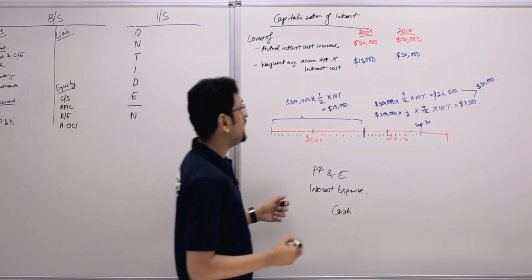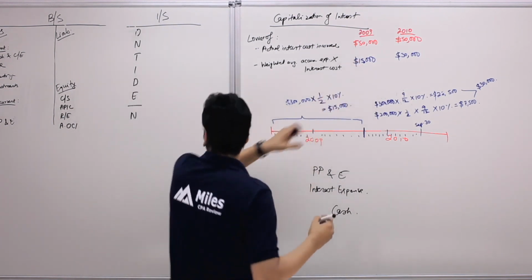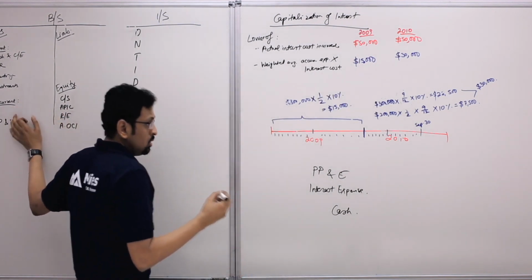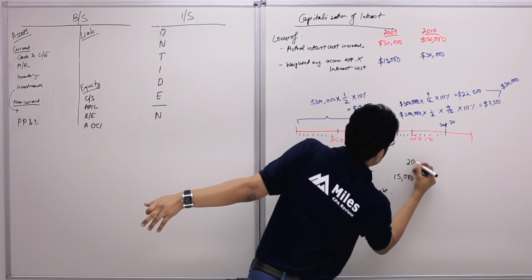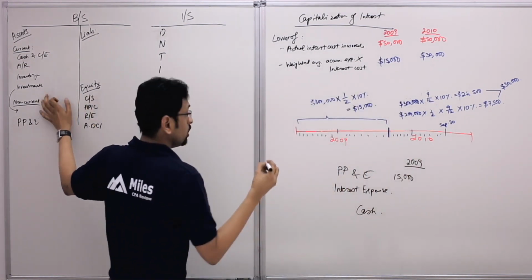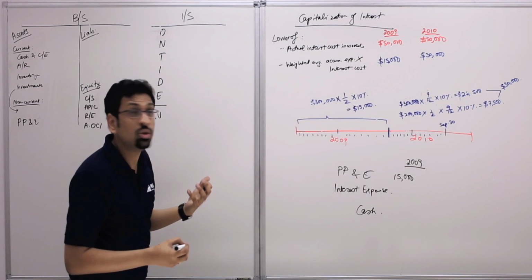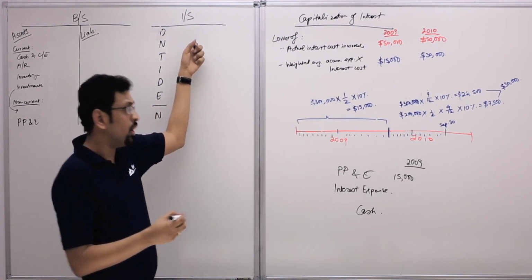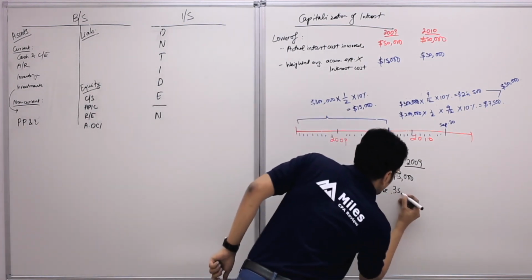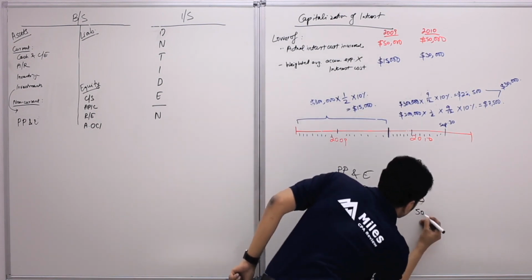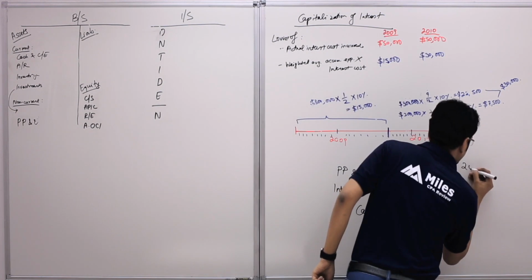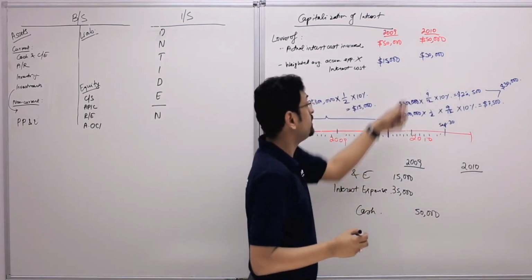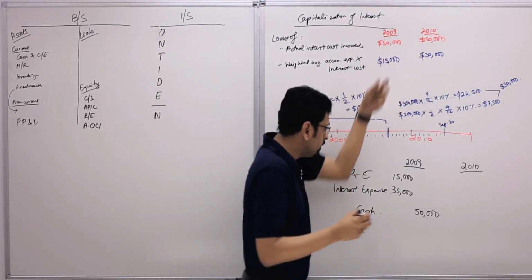So $15,000 is what we capitalize for the year 2009. The balance $35,000 goes as an expense on our income statement. Total cash is $50,000 during 2009. For 2010, we are capitalizing the lower of these two. What is lower? $30,000.